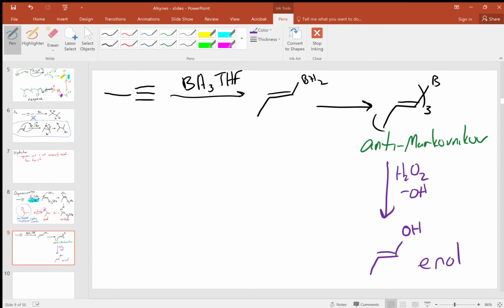And we said that enols with either acid or base get converted to carbonyls. In order for this step to occur where the boron gets replaced by an OH group, we have to add base. So we have an enol, we're in the presence of base, and that enol will get converted to the carbonyl.